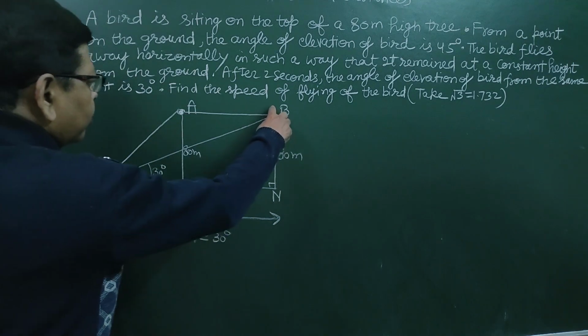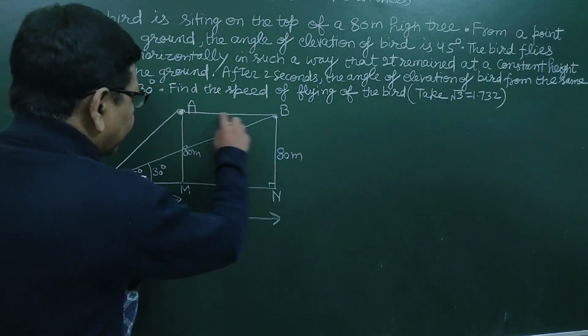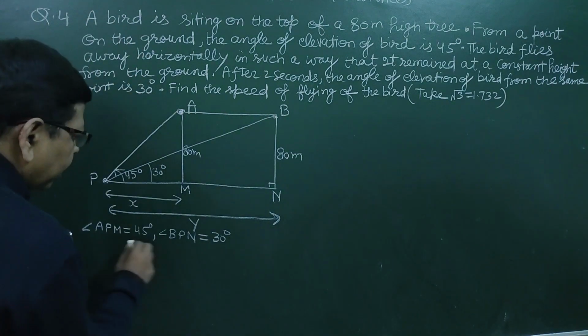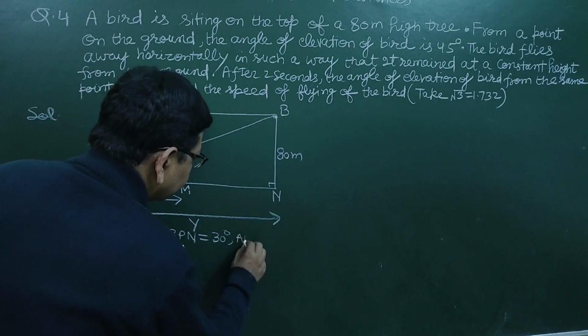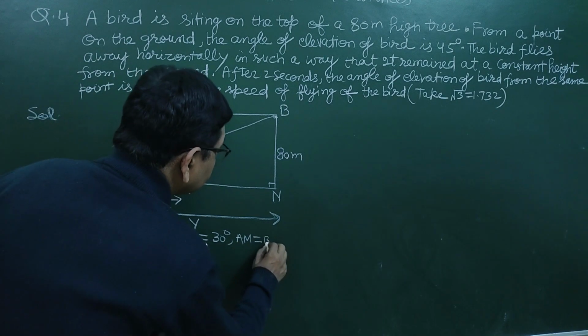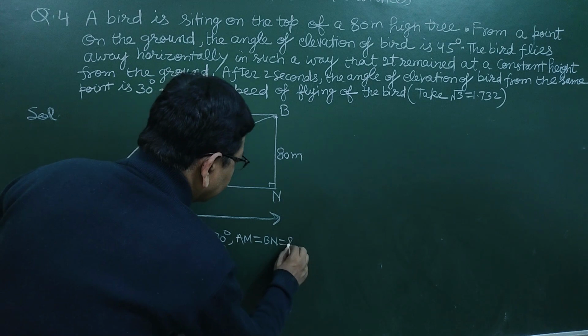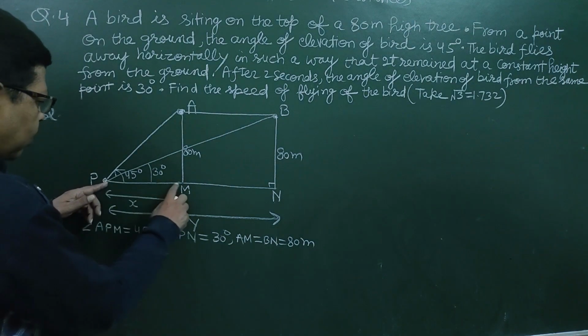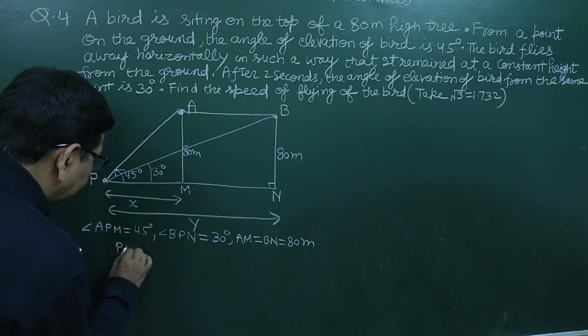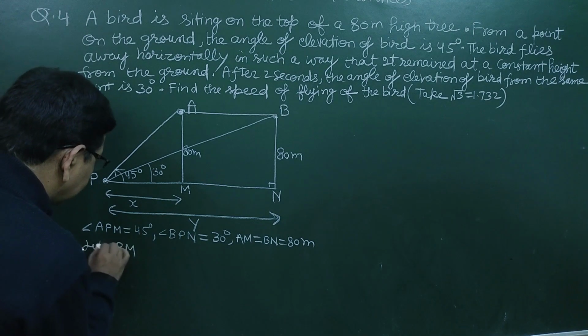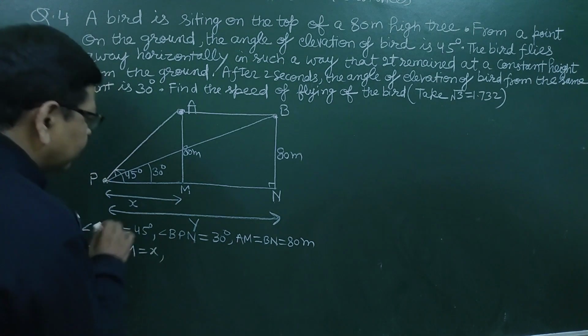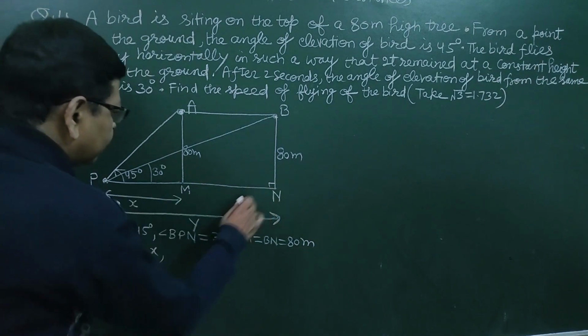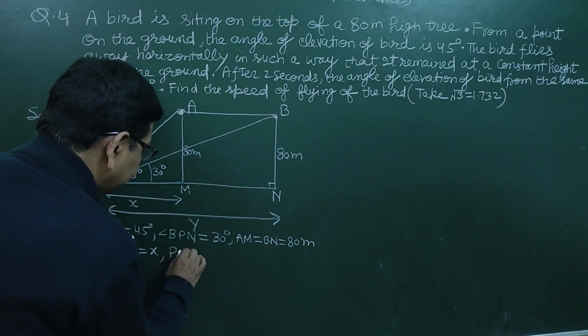AM is equal to BN because it is flying at a constant height. So AM is equal to BN is equal to 80 meters. And the base of the smaller triangle PM is equal to x, and this whole base PN is equal to y.